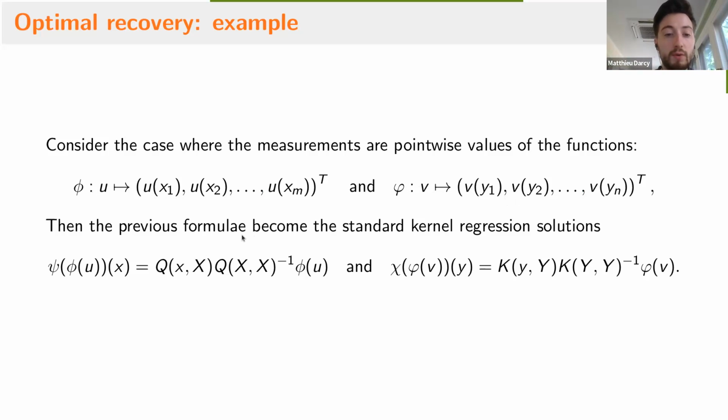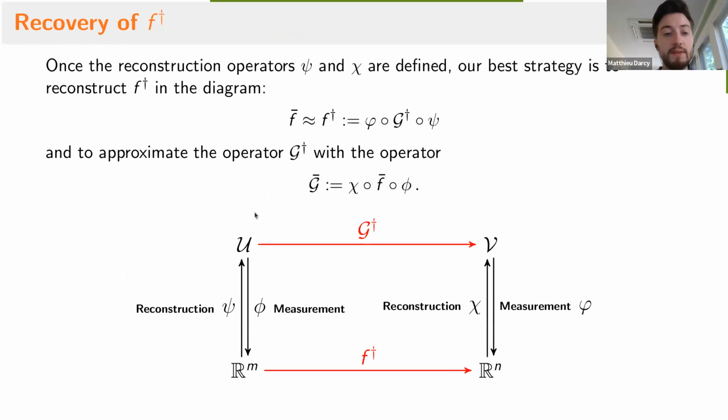Then you have a closed form solution, and it's this simple standard kernel regression solution, which is given by these formulae here. And so what this amounts to is simply solving a linear system to get these closed form solutions. Okay, so once we've done this, we've defined our reconstructions psi and chi.